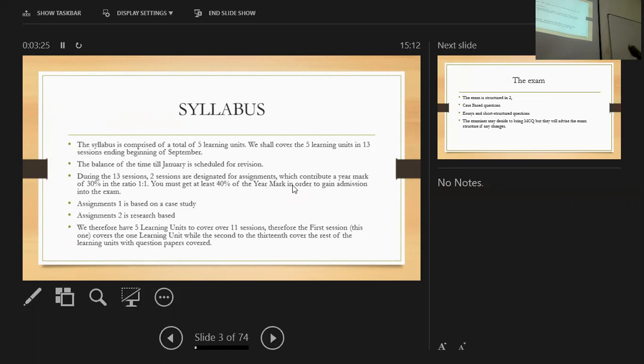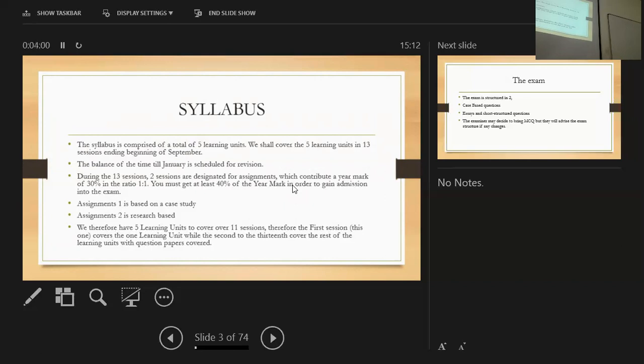And the assignments contribute 30% of your year mark, which means 15% each. That is huge. So we cannot fail these assignments. For all my students, the requirement is at least 25 should be in the pocket when you go into the exam.